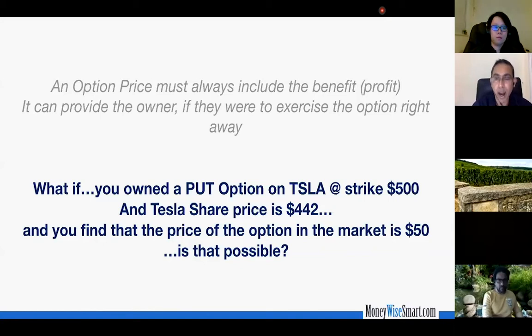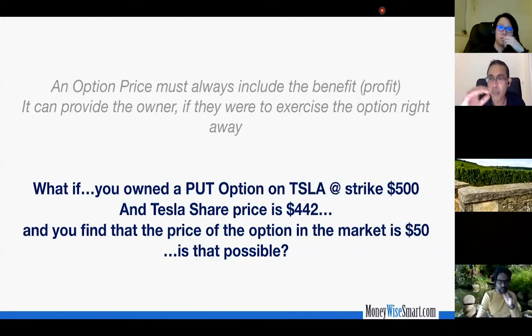So if I find that there is a put option which gives me this right, then I will immediately go and buy this put option, because this put option is available only for $50, but I can buy it and immediately make $58. So just like me, everybody else in the market who understands what the value of this put option should at least be will immediately start buying this put option.